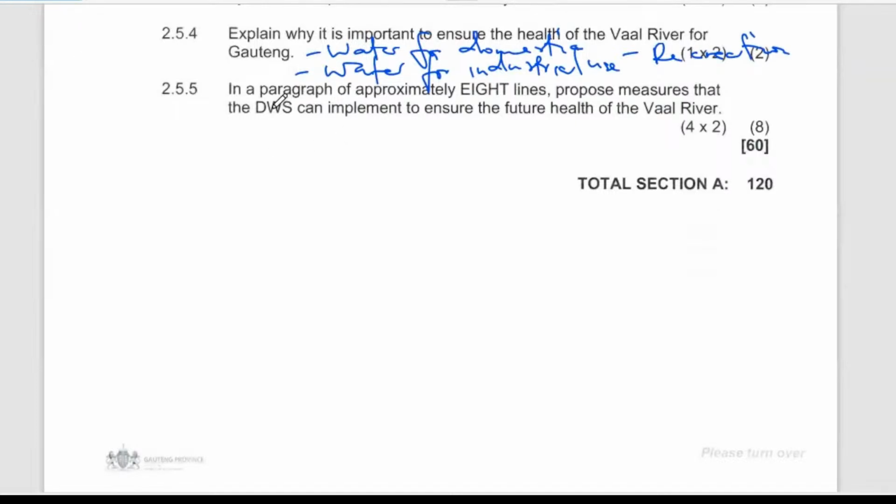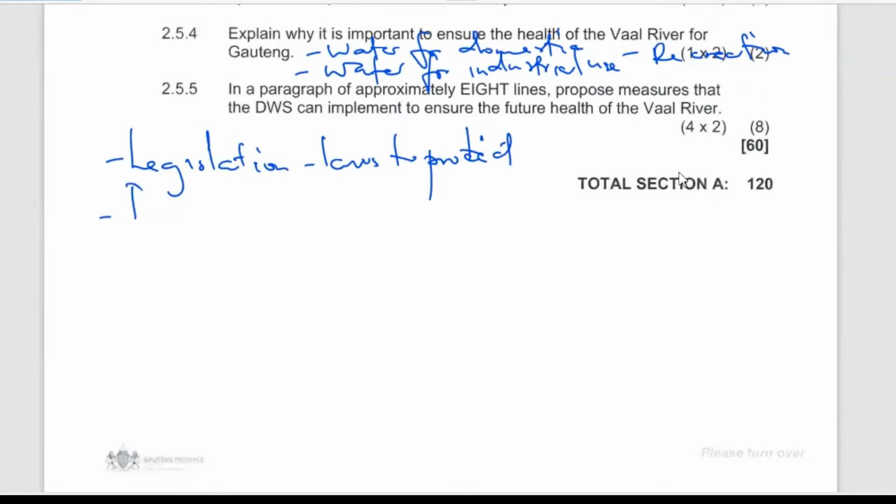Right. In a paragraph of about 8 lines, propose measures that the Department of Water and Sanitation can implement to ensure future health of the Vaal River. There are so many strategies there. We can talk of legislation. They can put in place laws to protect the river. Or we can talk of buffering the river, where we put demarcations to avoid human influence on the river.